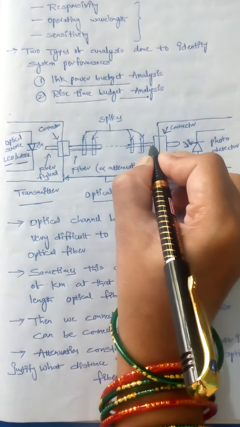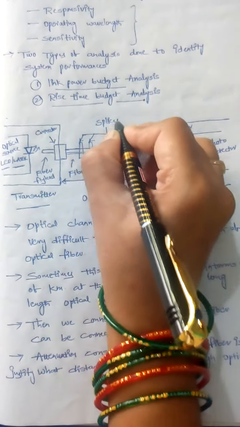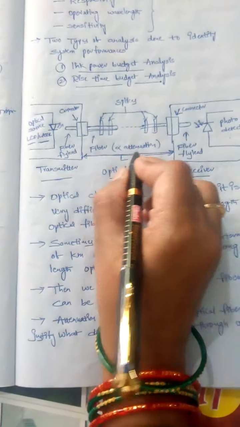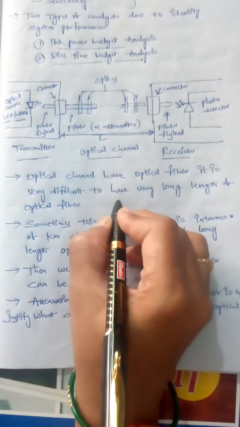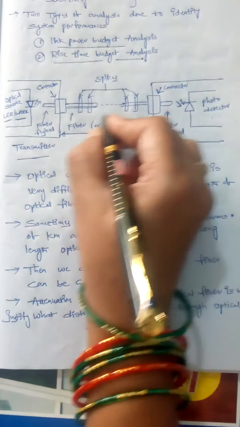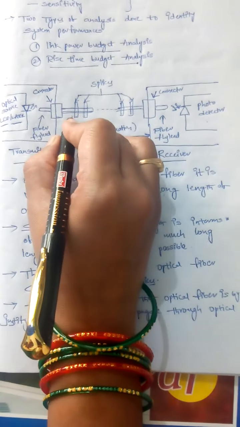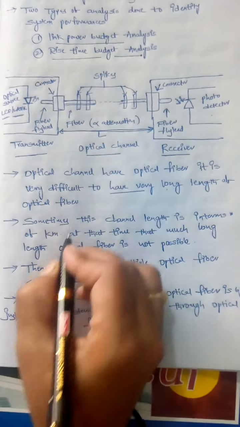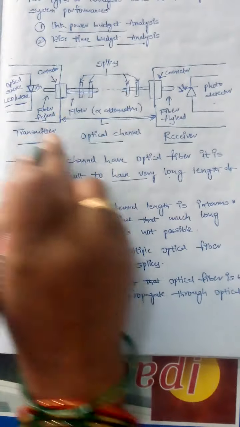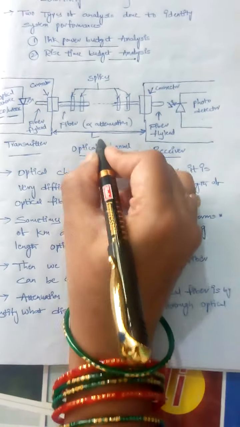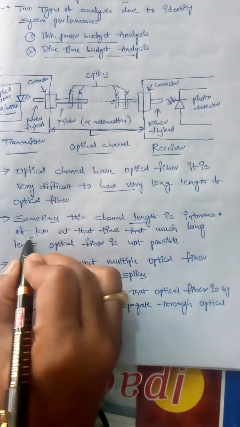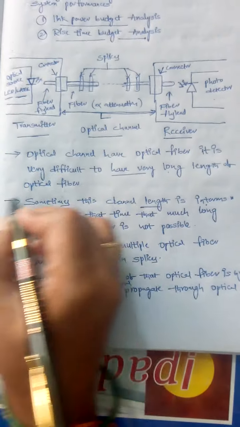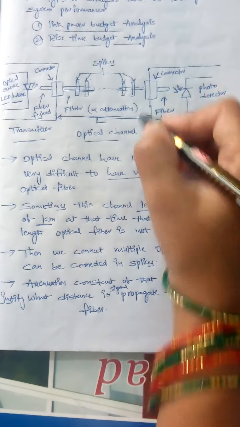The optical channel is connected with splices. The optical channel has optical fiber, and it is very difficult to have a very long length of optical fiber. The channel length L is in terms of kilometers, and such a long length of optical fiber is not possible.